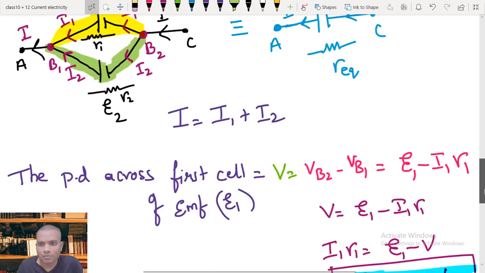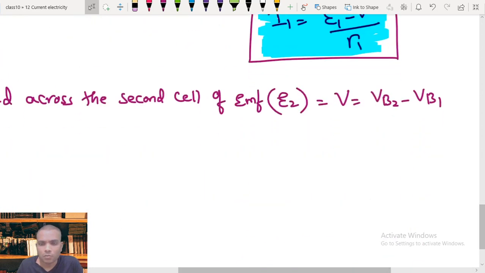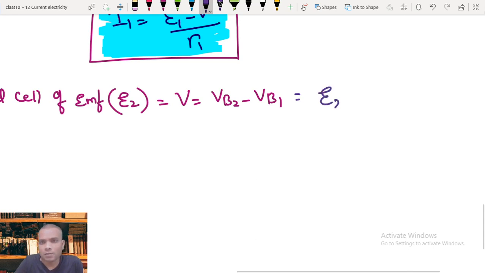We need to write that as an expression, using the same potential difference formula. Here it becomes the EMF of the second cell minus I2, where I2 is the current flowing in the second cell, times the internal resistance R2.